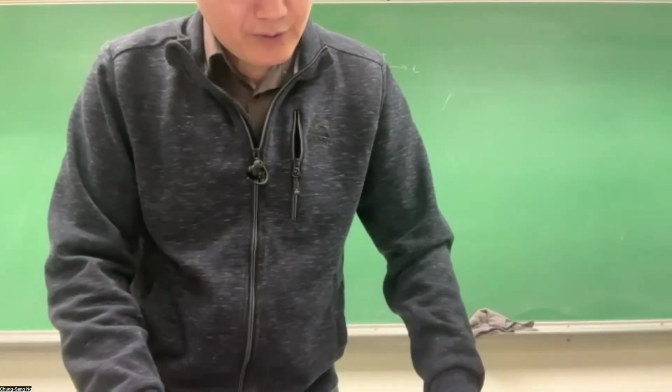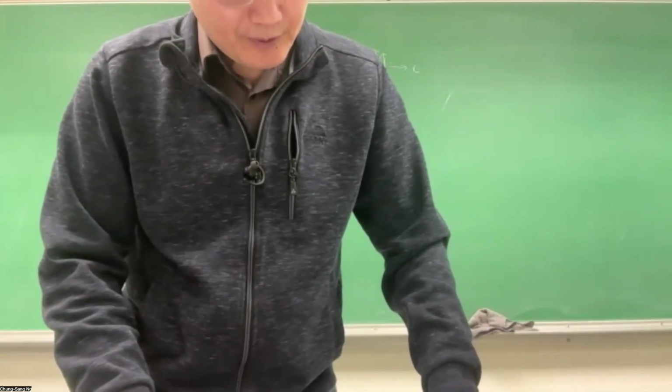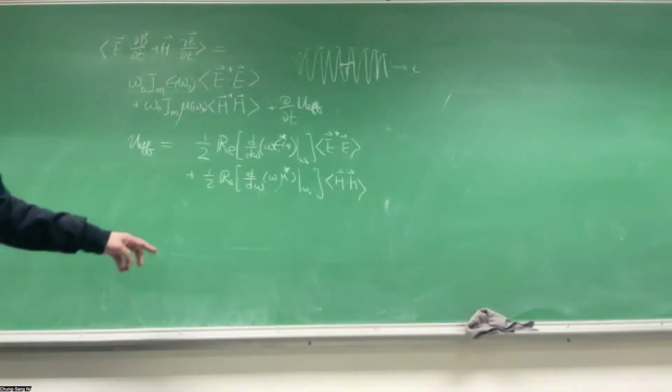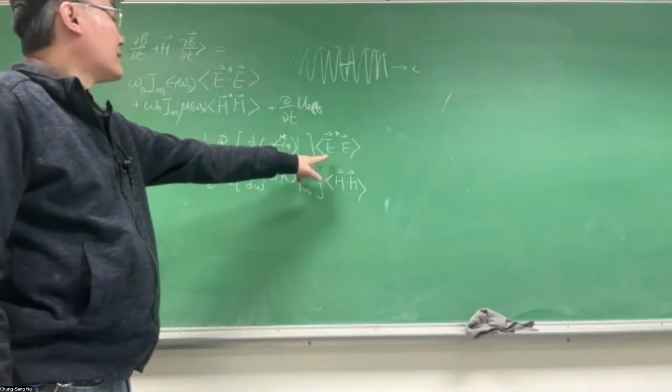So when we are finding the time average of E dot E, should we do the integration like finding an expectation value?